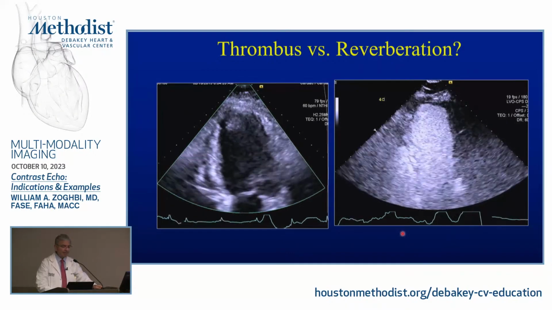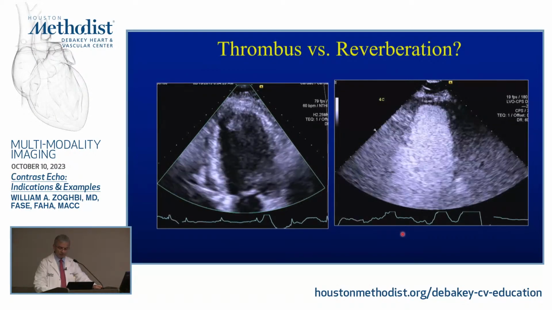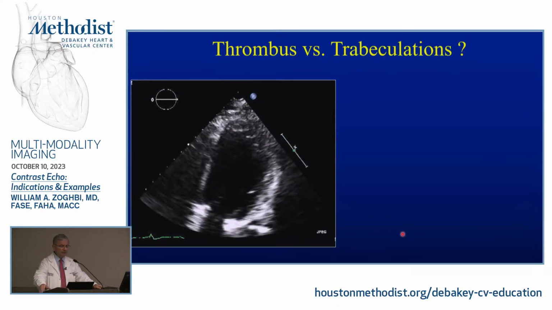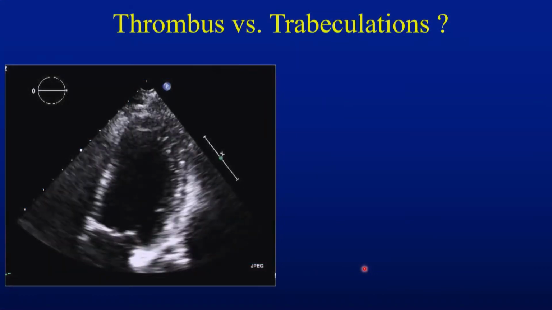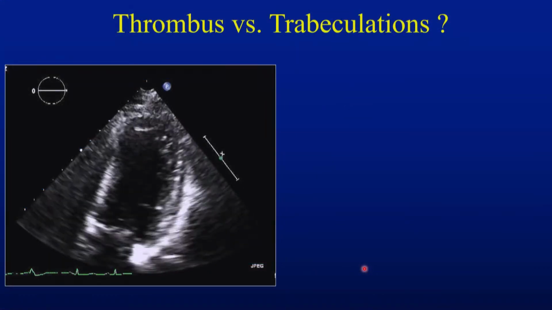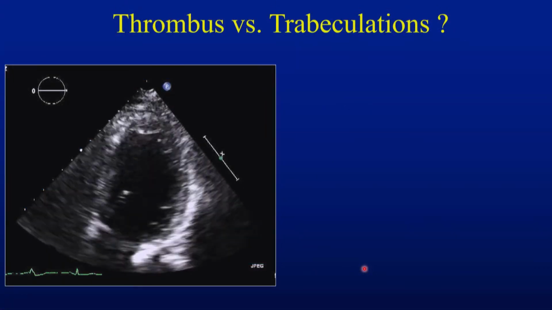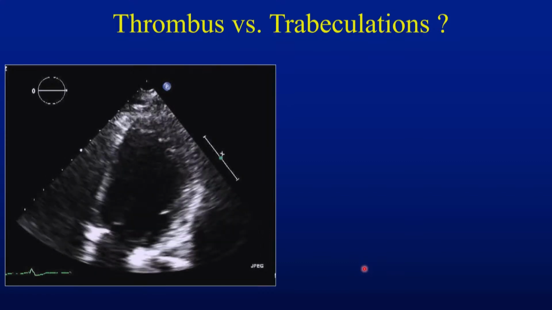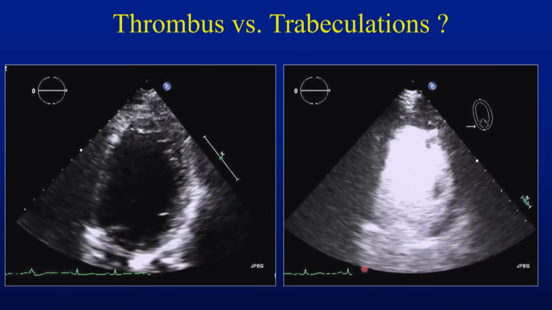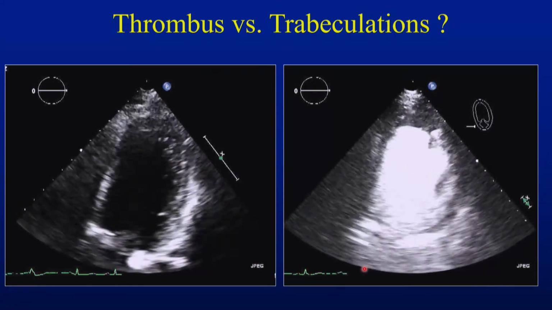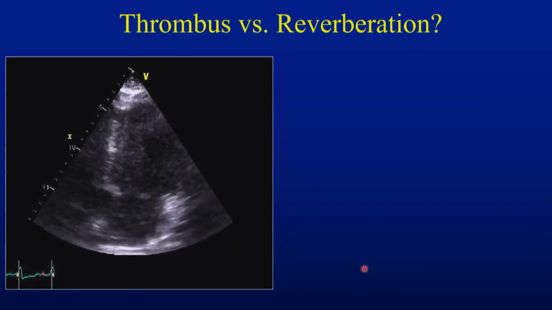Okay. How about this one? Layered thrombus. A clear thrombus. Layered. Oh, layered. Okay, got it. Layered thrombus. Okay, Dr. Safi, you're good. We have a layered thrombus. How about this one?